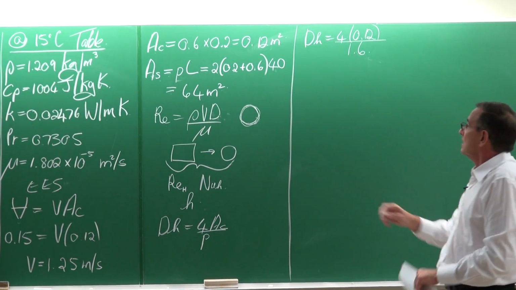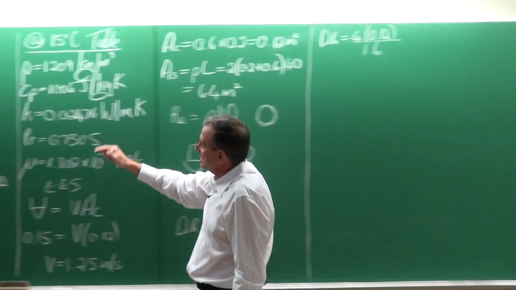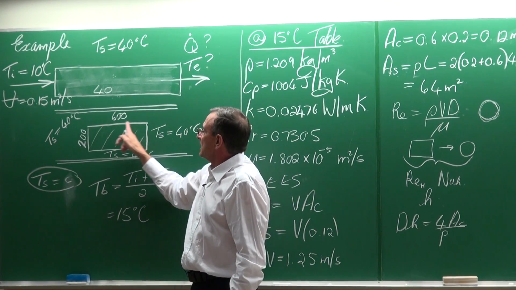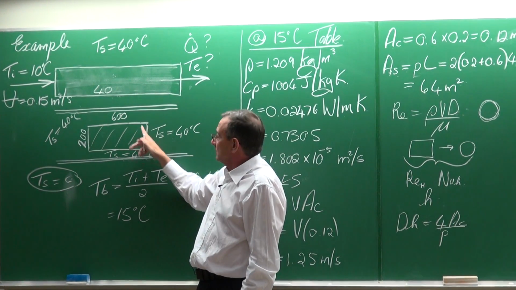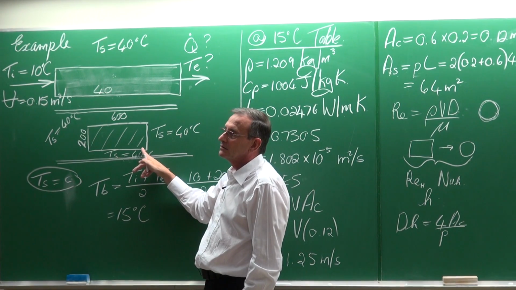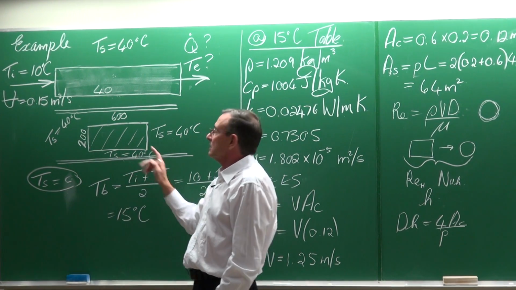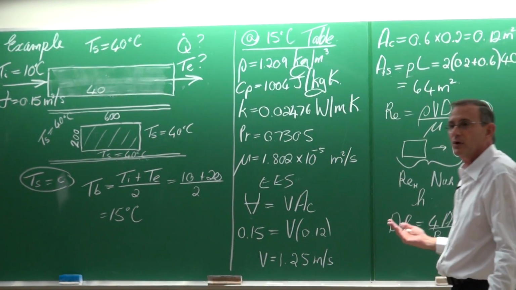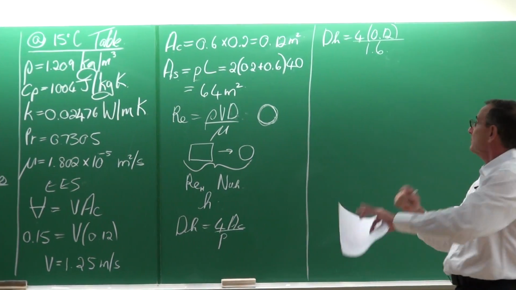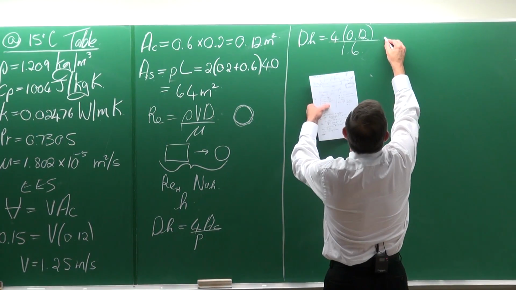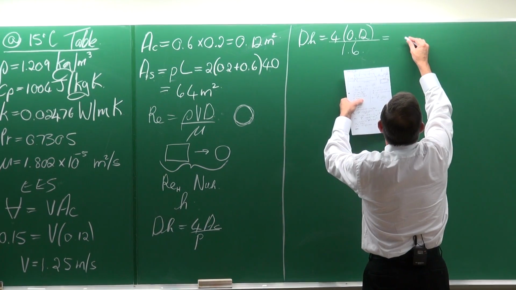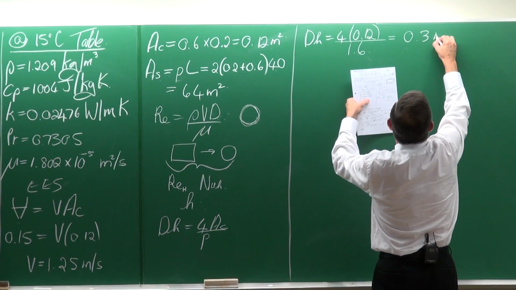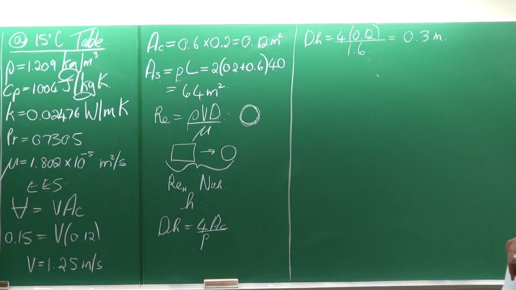Okay? If we do it again, it's just the perimeter, which is 200 plus 600 is 800 plus another 200, 1 meter, plus another 600 millimeters, 1.6 meters, the wetted perimeter. So the hydraulic diameter then works out as 0.3 meters, 300 millimeters.